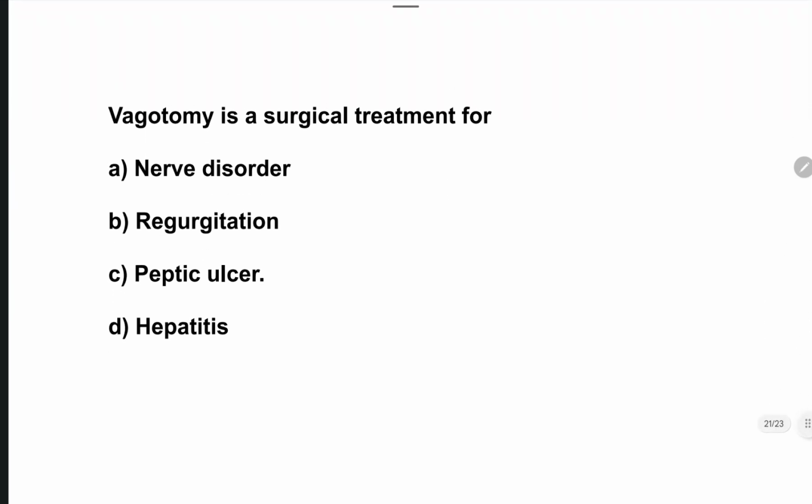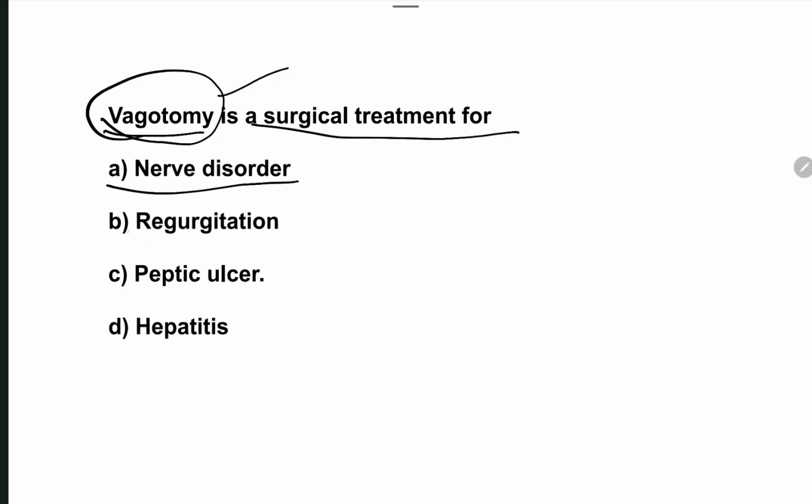The next one is vagotomy is a surgical treatment for. So by the name itself you can understand. Options are nerve disorder, regurgitation, peptic ulcer, hepatitis. For which condition is vagotomy a treatment? The right one is option C, peptic ulcer.